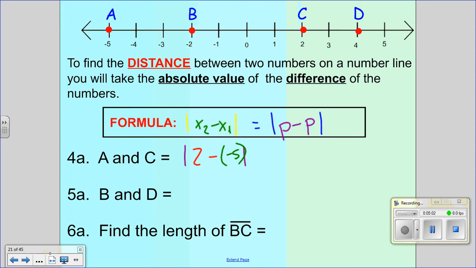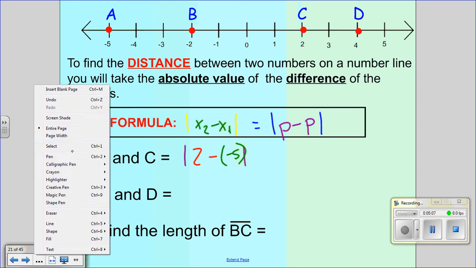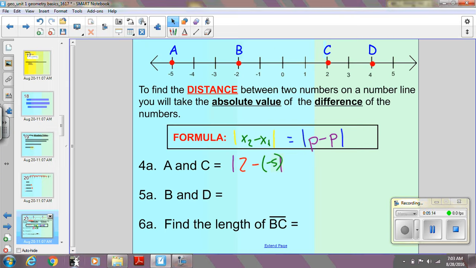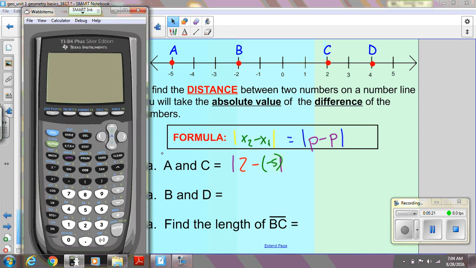So now you have options, but what I would do is just pick up the calculator and the absolute value sign can be found under math, I believe, and yes.